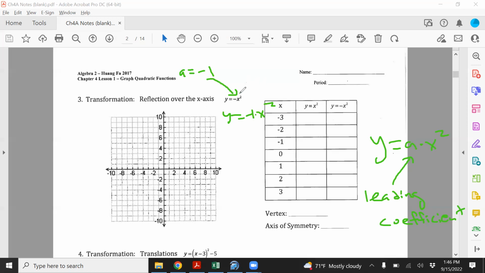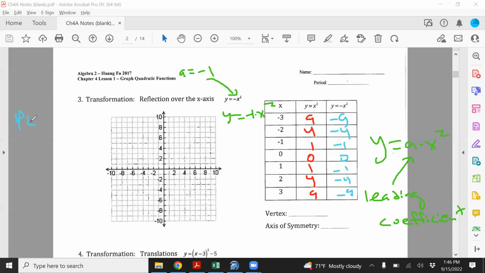It's PEMDAS, right? You do the exponent first and negative afterwards. Now, the parent function again is this: 9, 4, 1, 0, 1, 4, 9. But the new function is going to be this: -9, -4, -1, 0, -1, -4, -9. Because it's like negative. Exactly.